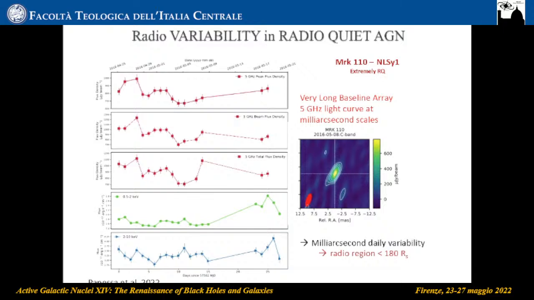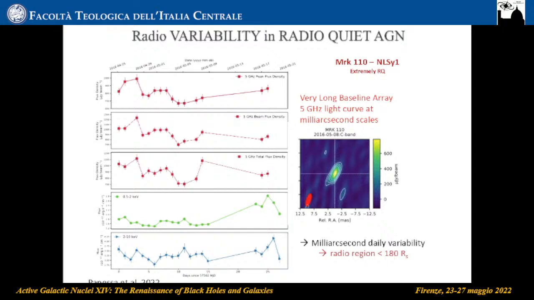We did this experiment of observing this narrow line Seyfert-1, Mrk 110, which is extremely radio quiet from the radio loudness parameter, with the VLBI, the interferometer Christina was showing you before, at 5 gigahertz. This is the map. This is how it looks, so boring, an unresolved point-like source.